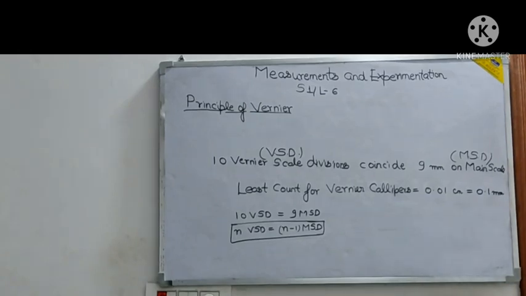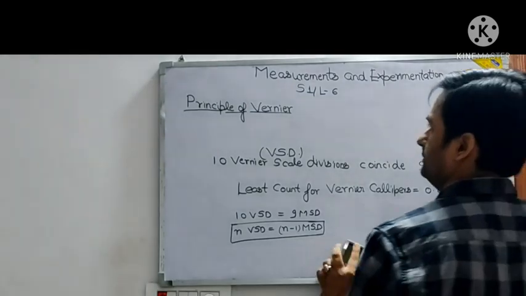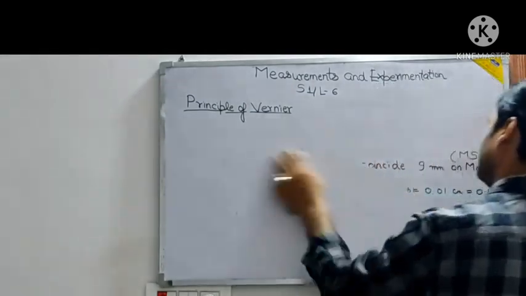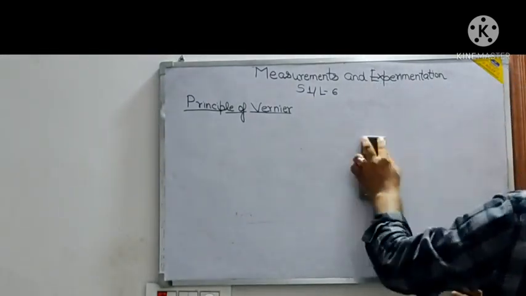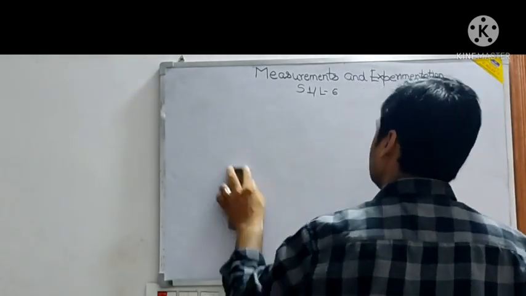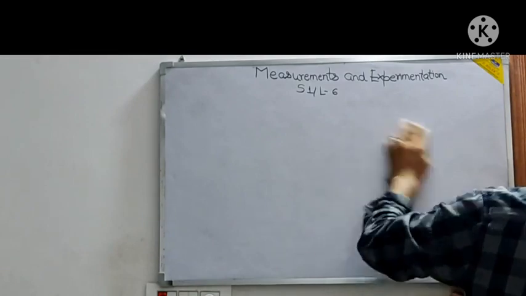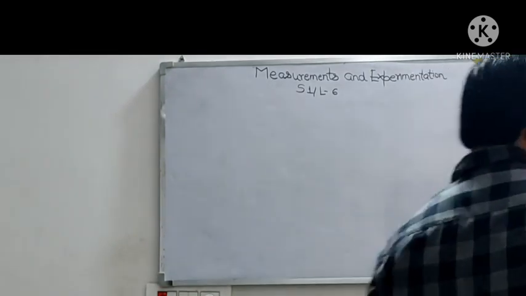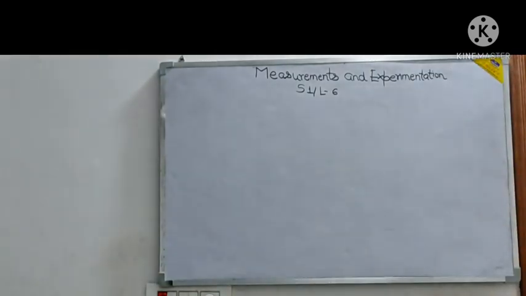Then next is least count. Least count of the vernier scale, or the vernier constant. See, least count is also called the vernier constant.